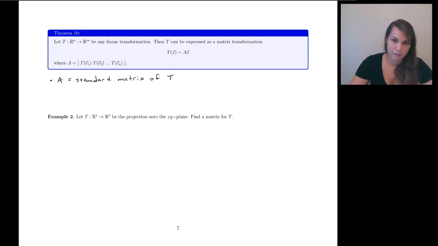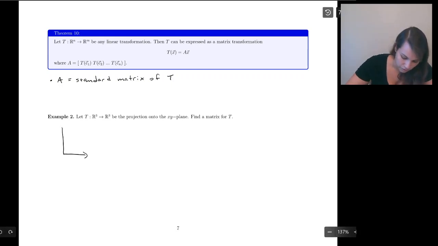We've got T is going to map from R3 to R3, and we want it to be the projection onto the XY plane. So to demonstrate, here's our axes, x, y, and z.